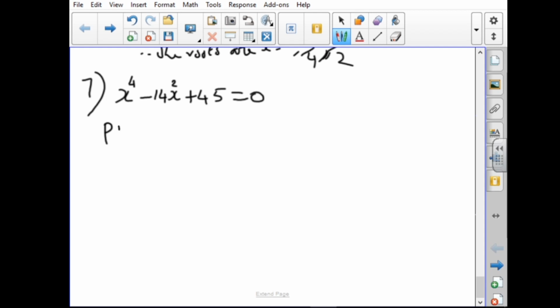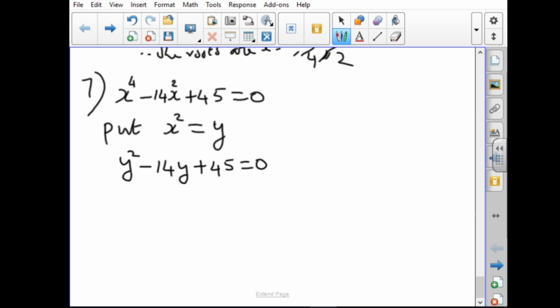So here we will assume let x square is equal to y. Any letter can be taken. So here we will take it as y. So because x square is equal to y, x power 4 becomes y square minus 14y plus 45 is equal to 0.